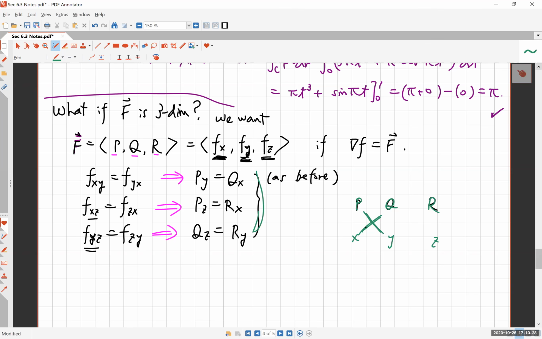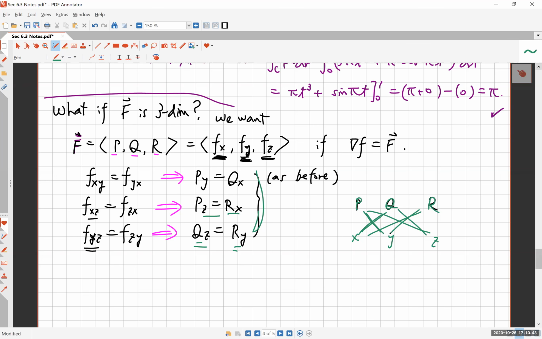If you pick the first and third, that's the second one, Pz must be equal to Rx. And then the third one says Qz must be equal to Ry.